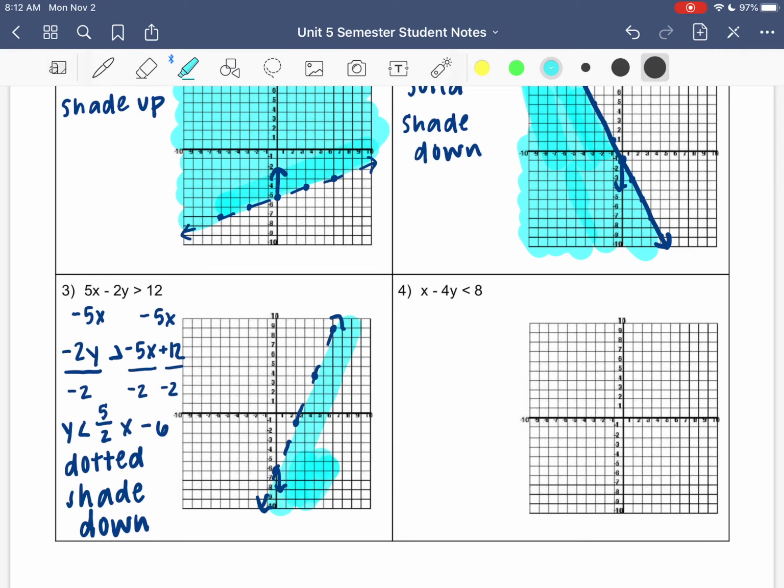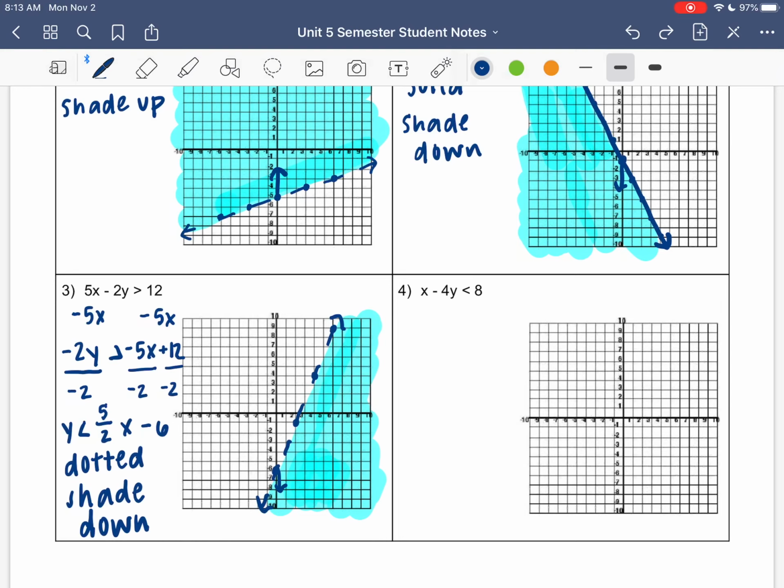So all along here would be our solution set. All right, if you're ready to try number 4, go ahead and try number 4, and if not, we'll go through it together. Feel free to pause if you are going to try that.